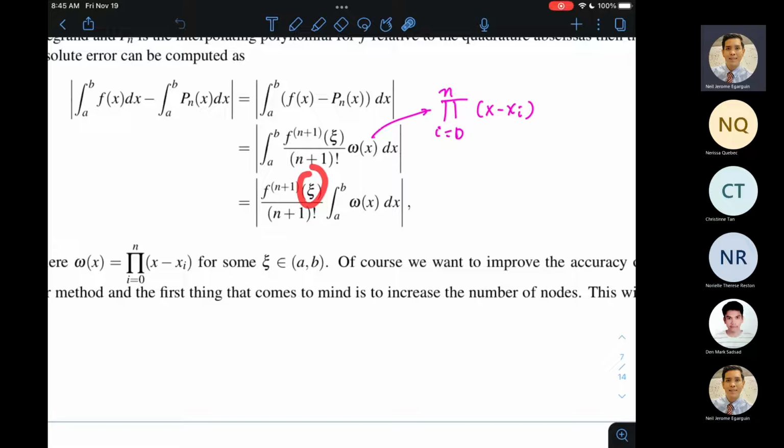So bakit ganun? Kasi ang omega, product siya ng mga x minus all of the abscissas. So in the trapezoidal rule, remember we're using two abscissas. We're using A and B as our interpolatory abscissas. So meron tayong omega equals x minus A times x minus B. We take the product, yun yung magiging error sa interpolation. Pero dahil ginamit natin yung interpolating polynomial to be the integrand, so yung error ngayon ay nasa loob, yung error na supposedly manggagaling mula dun sa factor omega will be replaced by the integral of omega.